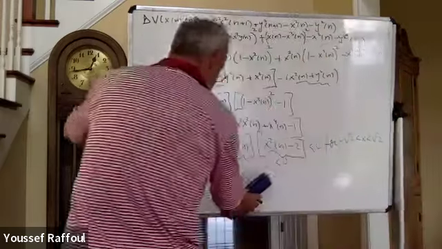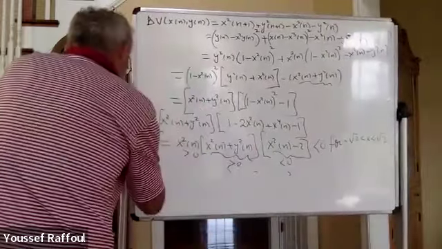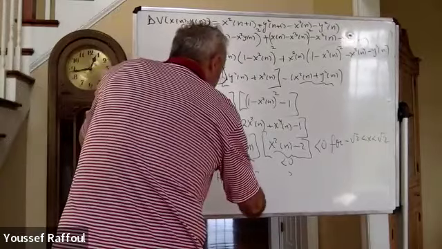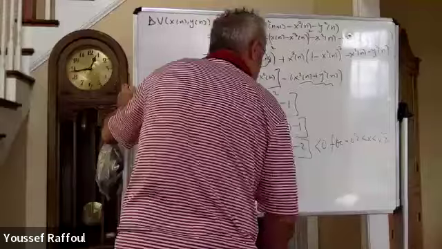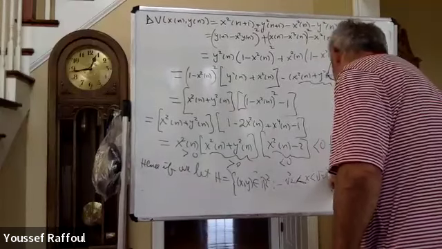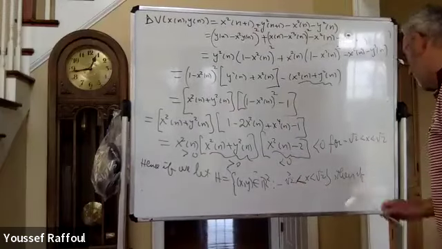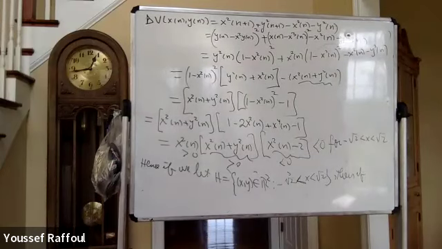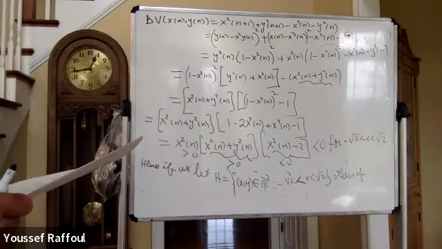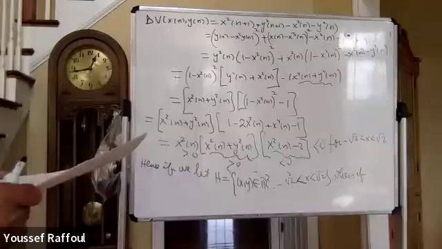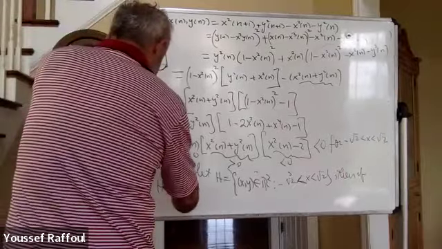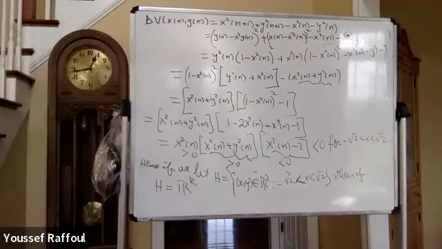So, hence, if we let H equal to the set of (x, y) belonging to R2 such that minus the square root of 2 less than x less than square root of 2, then H has to be R^k, and it's not, okay?